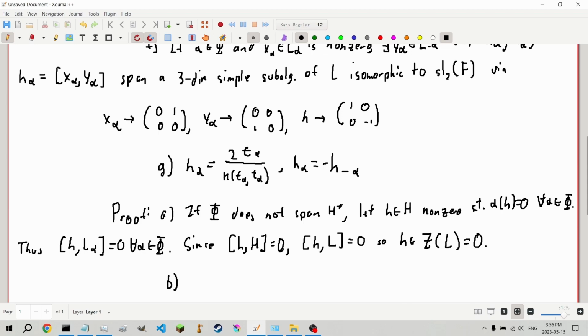Alright. B states that every root has a negative, so we're going to let alpha be a root.